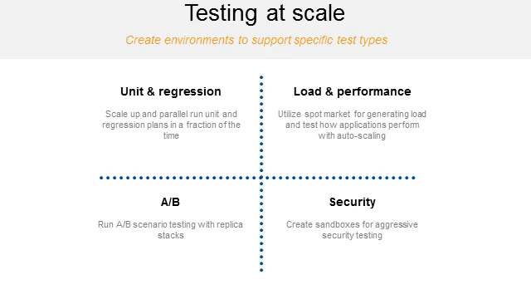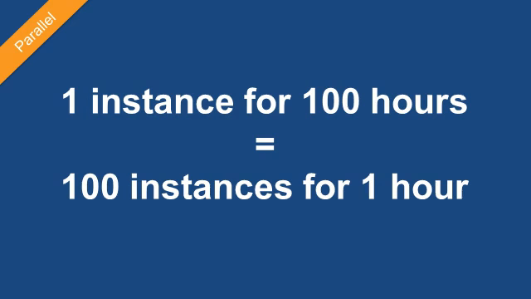Let's start first of all with unit and regression testing, which, as I said earlier, can be a CPU and I/O intensive activity and can often take quite a long time to undertake complex suites of unit tests. So one of the really great characteristics of the cloud in general, and AWS specifically, of course, is its elasticity, and it costs exactly the same to have 1 instance for 100 hours as it does to have 100 instances for 1 hour.